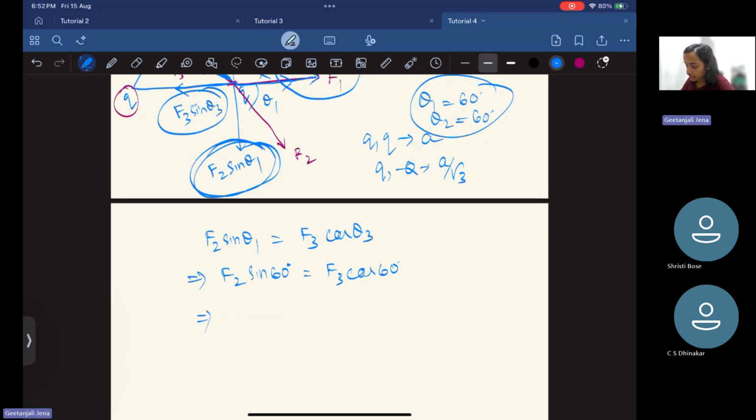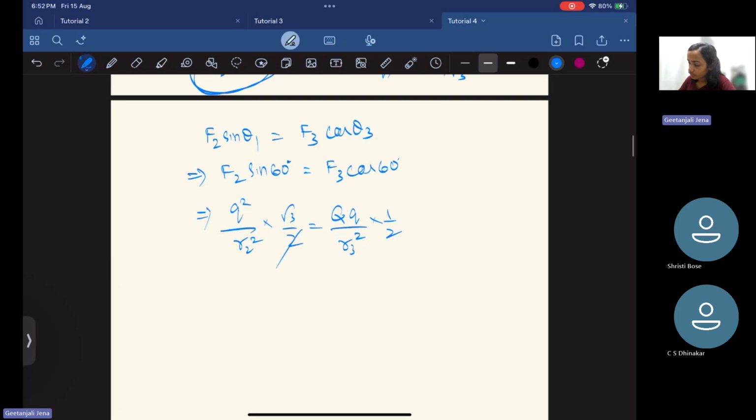The constant terms will cancel. F2 is Q squared by R2 squared, and sin 60 is root 3 by 2. F3 is Q times q by R3 squared, and cos 60 is half. So this also cancels.